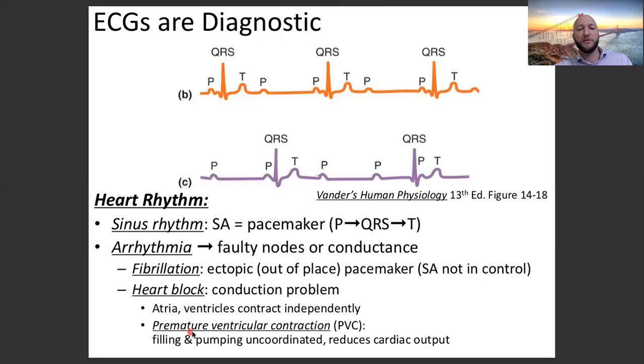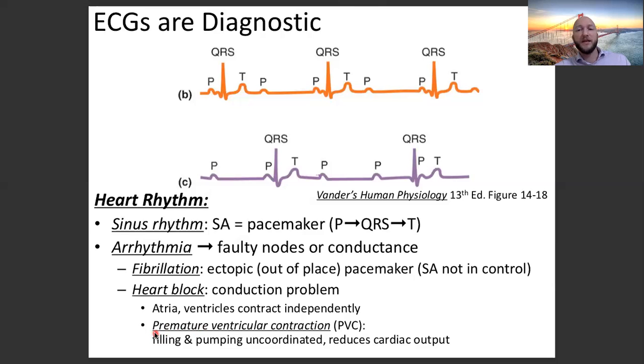Sometimes there's actually a premature ventricular contraction, or PVC, and that's when the ventricle contracts before it's completely full. So while the atria is still contracting and still pushing blood into the ventricle, the ventricle is still filling, but it's not full. The ventricle is not full of blood and it contracts.